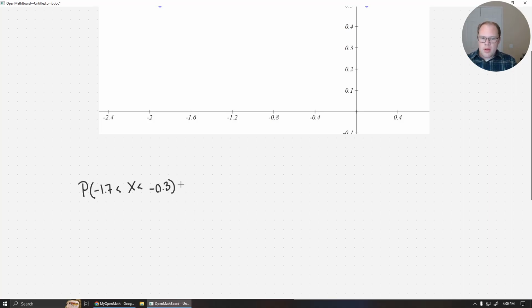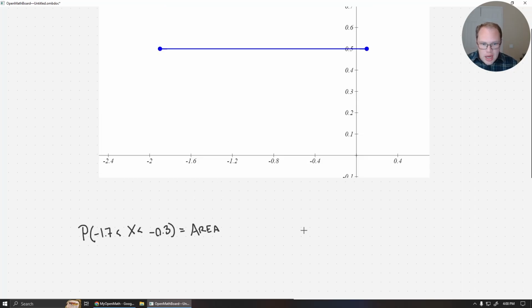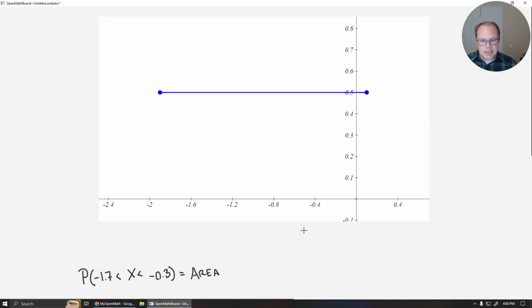Okay? Now again, for these continuous probability density functions, probability is equal to area. So I need to find the area underneath my probability density function that corresponds to this region. So let's find out where that is. Negative 1.7, well, that'll be about there, right? Negative 0.3, that's about there.